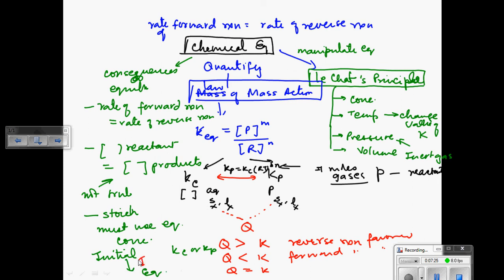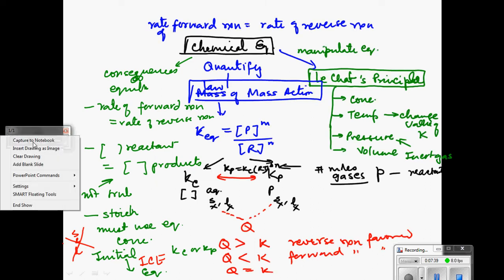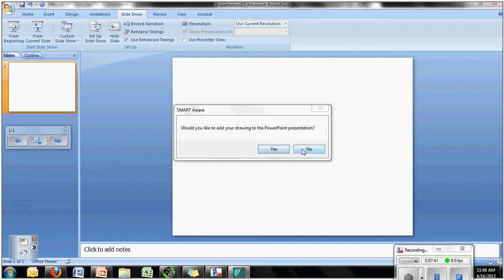And to do that, generally you use an ICE chart. And the big concept here to remember is that solids and liquids are not included. So that is equilibrium. Now moving on to acids and bases.